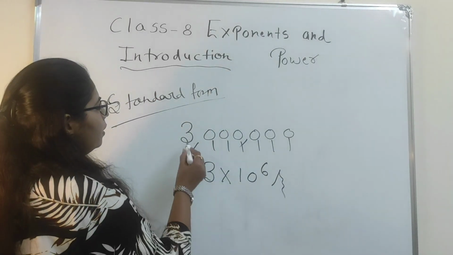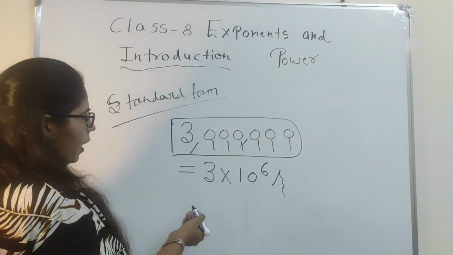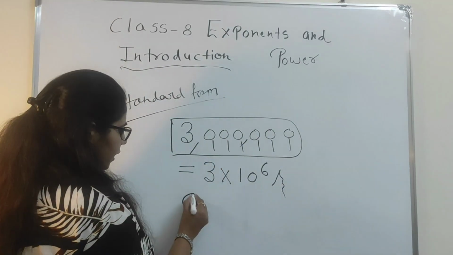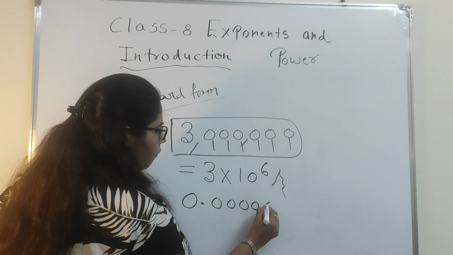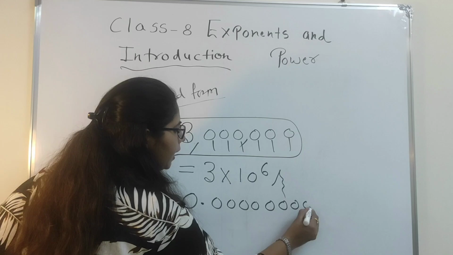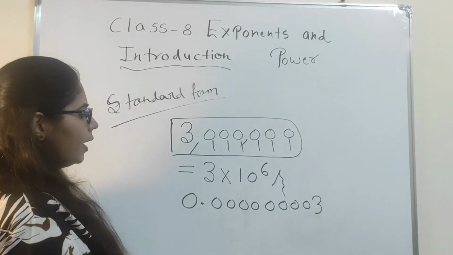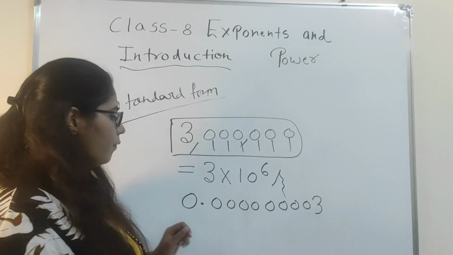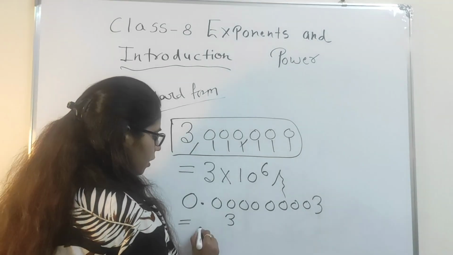Okay, but when the number is big, suppose I have one more example. Suppose the question is like that: 0.1 2 3 4 5 6 7 8 and then 3, which is a very small number. So how will I write it in the standard form? First you have to write the number. 3 is given here.